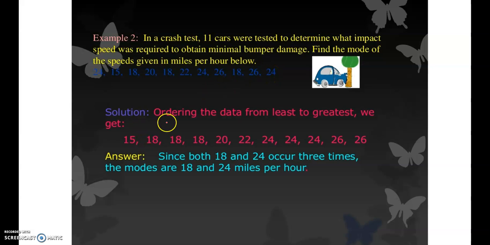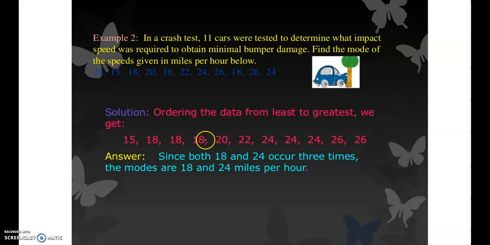So first you have to order the data from the least to the greatest. So we have to arrange all these numbers like this: 15, 18, 18, 18, 20, 22, 24, 24, 24, 26 and 26. Since both 18 and 24 occur 3 times, the modes are 18 and 24 miles per hour.